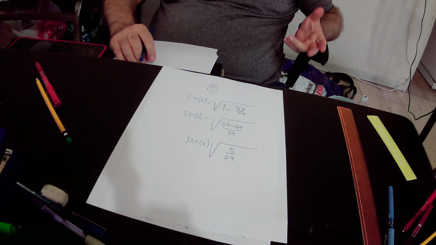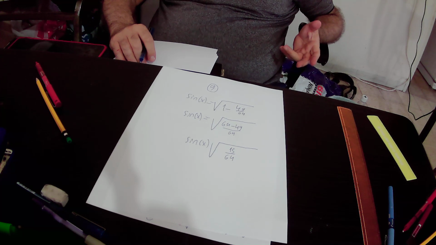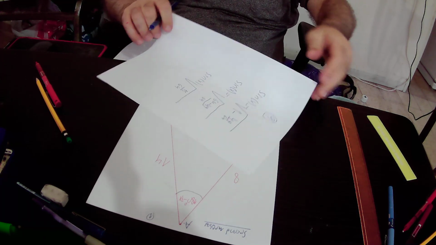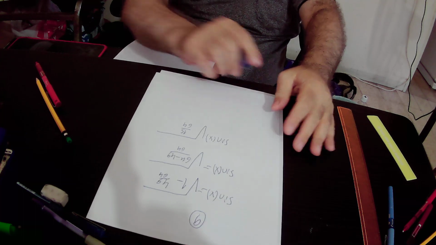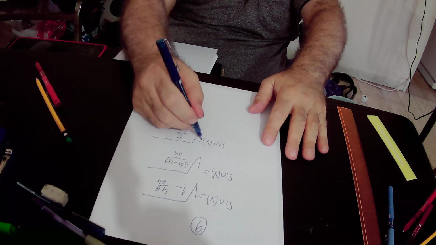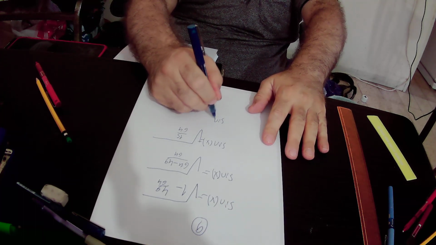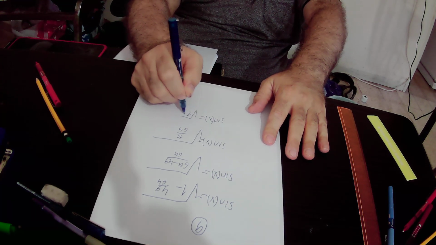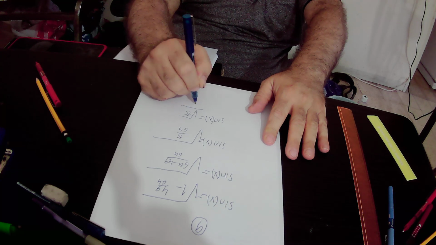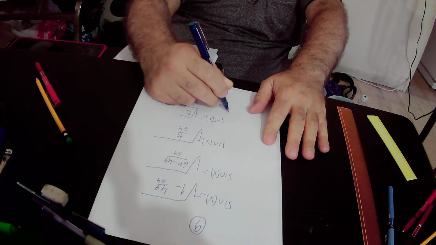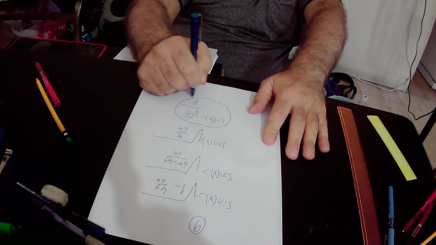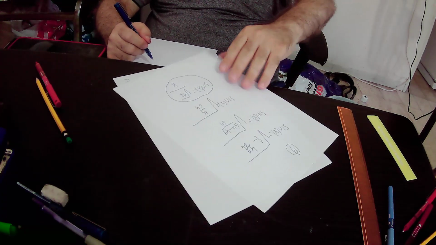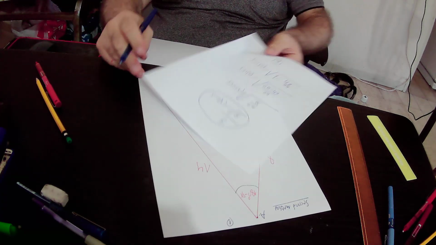The root of 64 is 8. So we write it down. We will get that sine x equals the root of 15, and the root of 64 is 8. So we found out that sine x equals the root of 15 over 8.